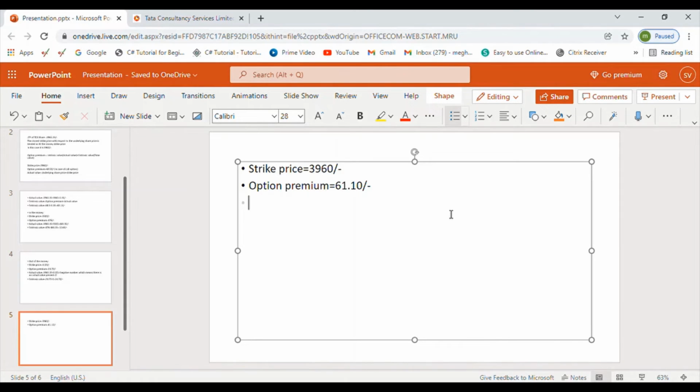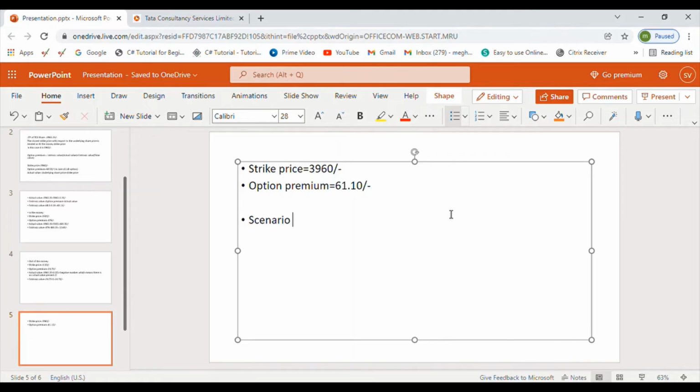He has to take the delivery at any cost, no matter where the share price goes. Let's take different scenarios and understand how the put option buyer and the seller get the benefit.